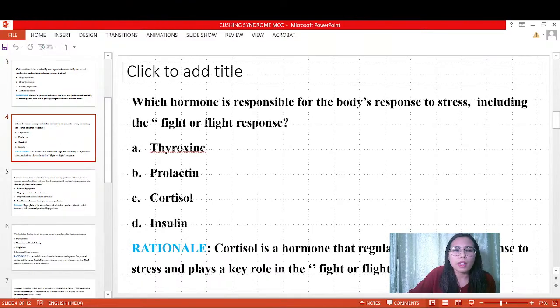The next question we have: which hormone is responsible for the body response to the stress, including the fight or flight response? So which hormone helps the body react quickly during the stress?